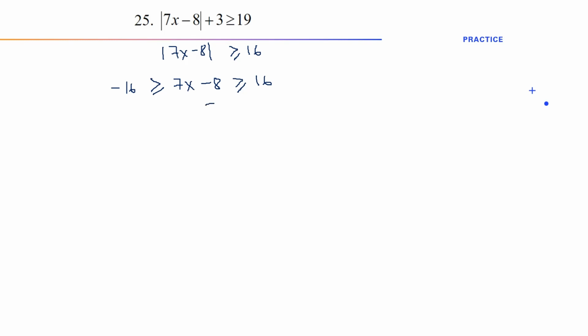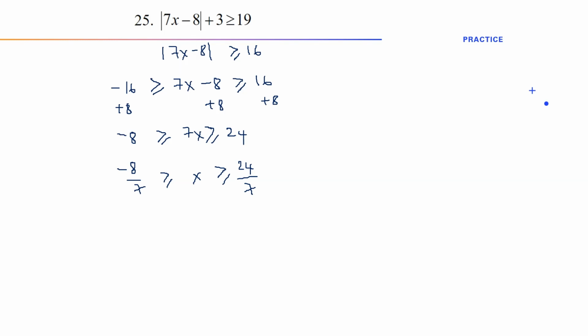Alright, now we add 8 on all sides. We will have -8 greater than 7x greater than or equal to 24. Divide by 7, -8 over 7 greater than or equal to x greater than or equal to 24 over 7.